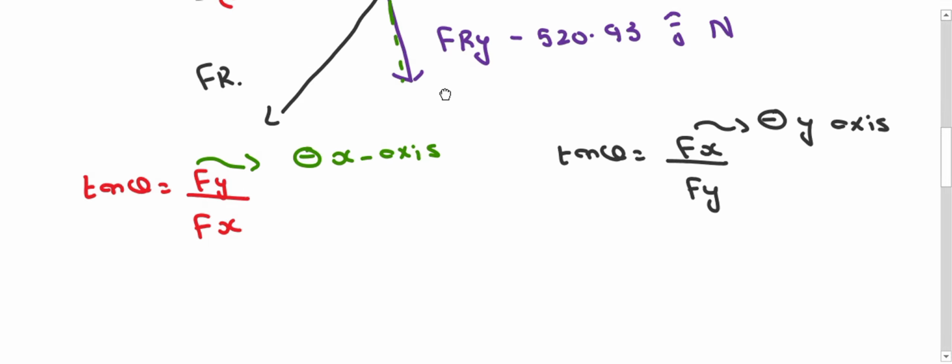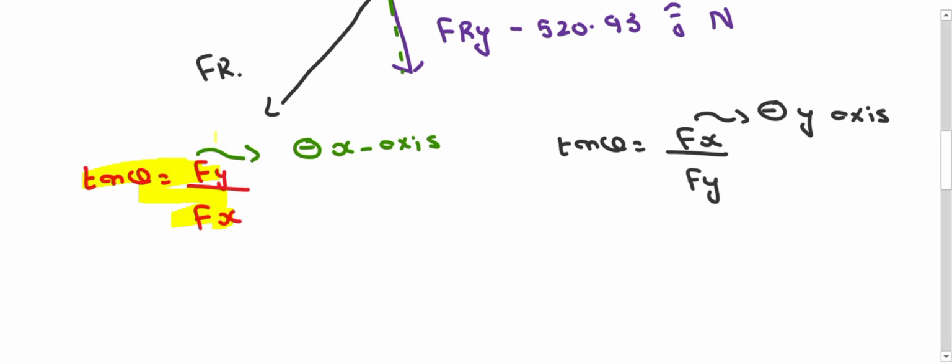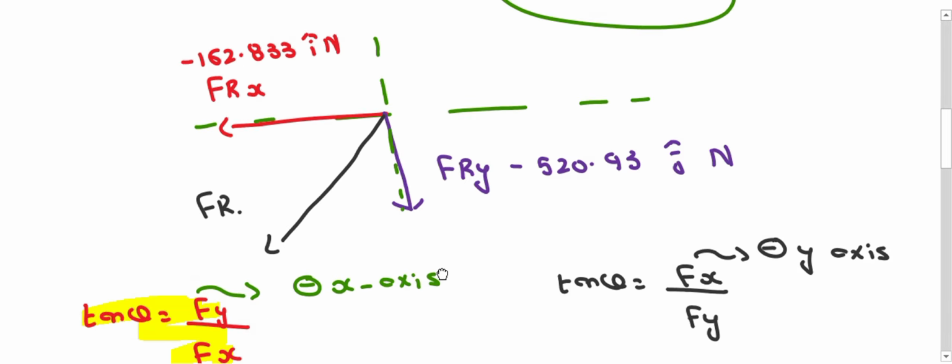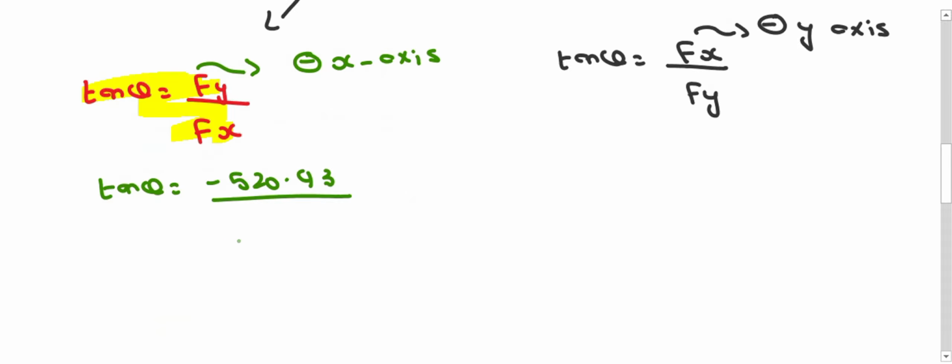If I apply the first formula, tangent theta is equal to Fy, which is 520.93, upon Fx, which is negative 162.833.